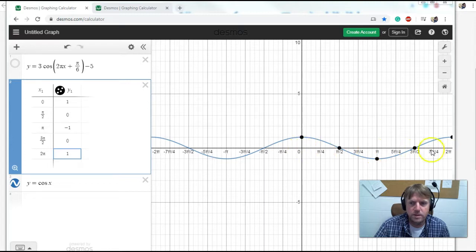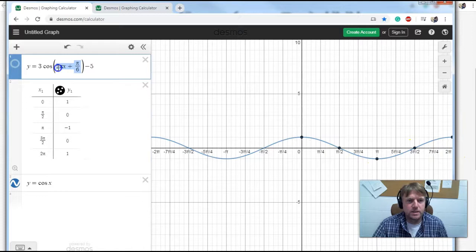The left endpoint is at 0, the right endpoint is at 2 pi. Well, what you could do is take this inner part. This is what causes the spread, the 2 pi that's in front of the x causes it to get squeezed down. And the pi over 6 and the 2 pi together cause a horizontal shift in the graph.